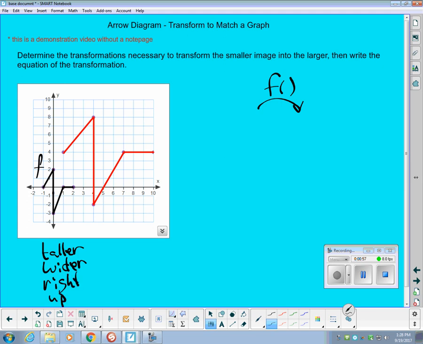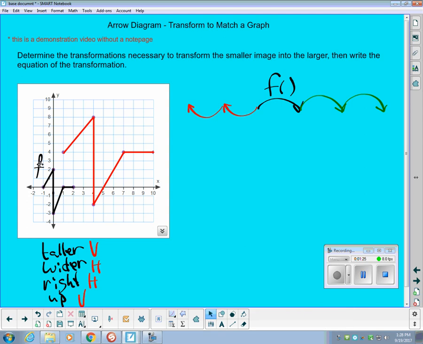So there's four possible transformations that I see happening in there. Taller is a vertical thing, wider is horizontal, right is horizontal, and up is vertical. So on my arrow diagram, I'm going to put a couple of arrows over here on the vertical side, and I'll put a couple of arrows over here on the horizontal transformation side.